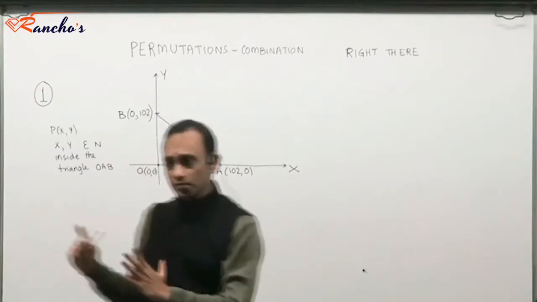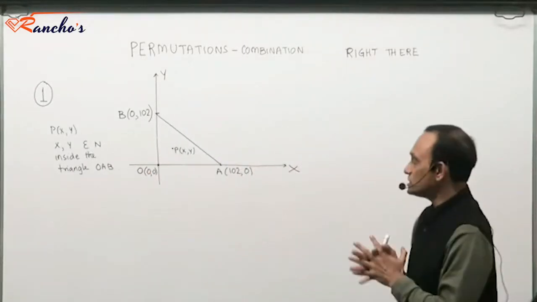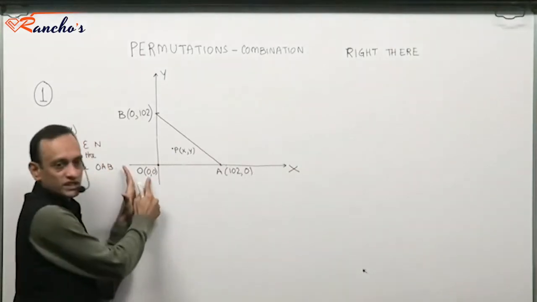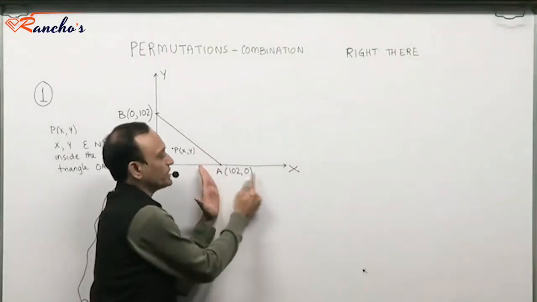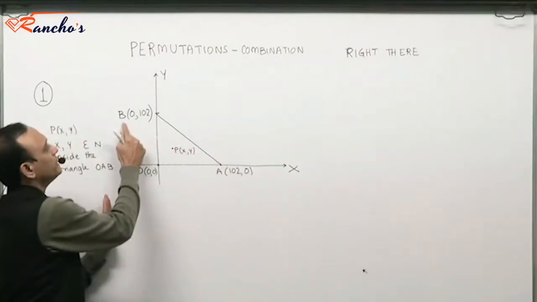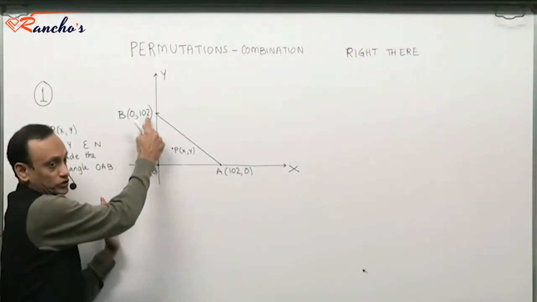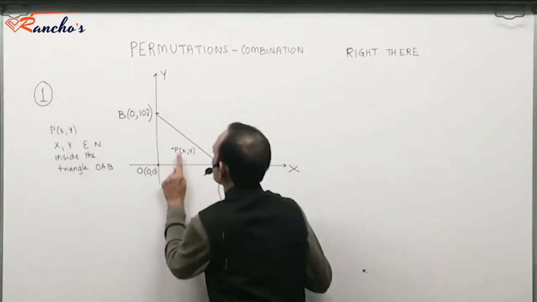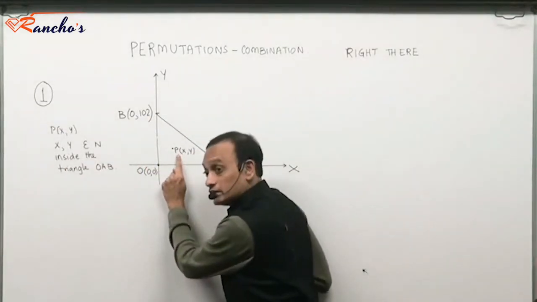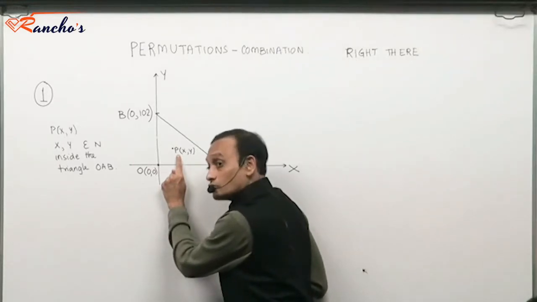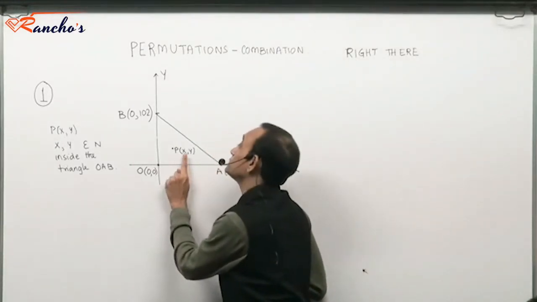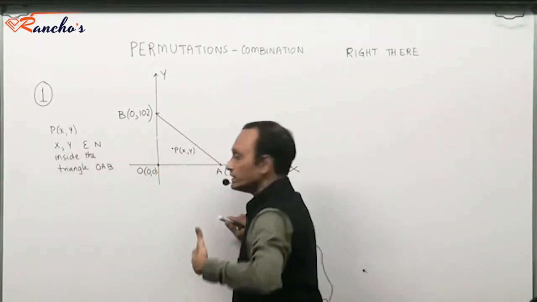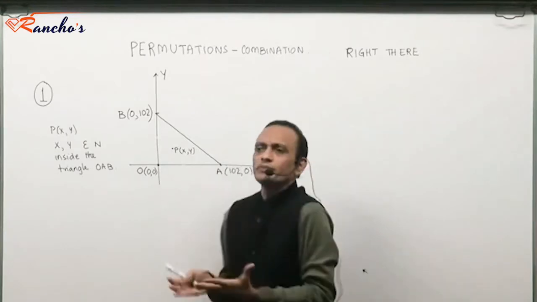So the first problem of the sheet is about 3 points: O, which is the origin, A having coordinates (102, 0), and B having coordinates (0, 102), a point on the y-axis. What we want to do is count all points P(x, y) inside the triangle that are integral. In this case, they would also be natural numbers.